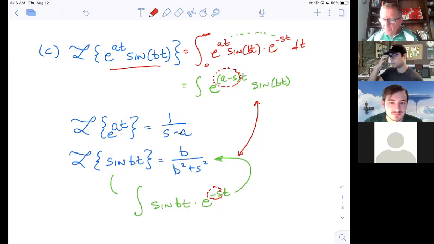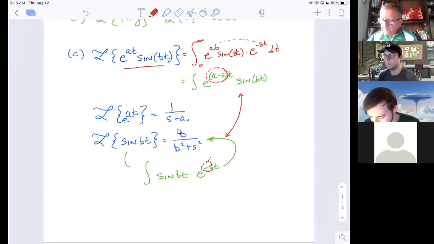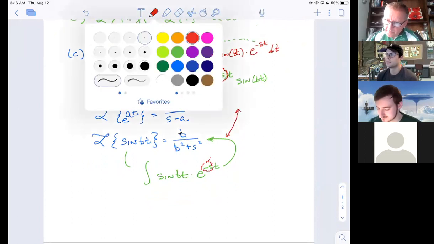So if that's true, then wouldn't I just be replacing this negative s? Isn't that all I really have to do? Would you replace it with some other constant, or what are you going to replace it with? Take a look at this. I have to do a little bit of algebra work here to make this an acceptable move.